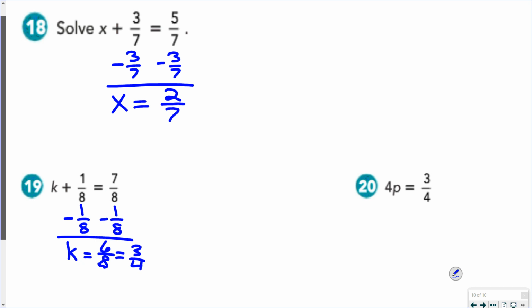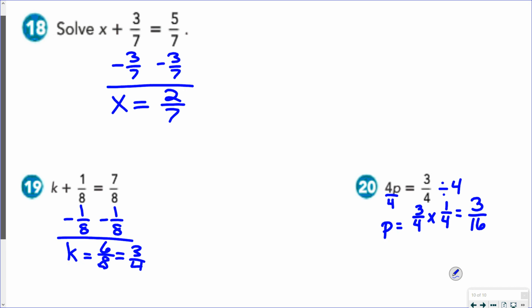And then for 20, we divide both sides by 4. So p equals, keep 3/4, change division to multiplication, use the reciprocal of 4, which is 1/4, and we would get 3/16. And there is today's lesson.